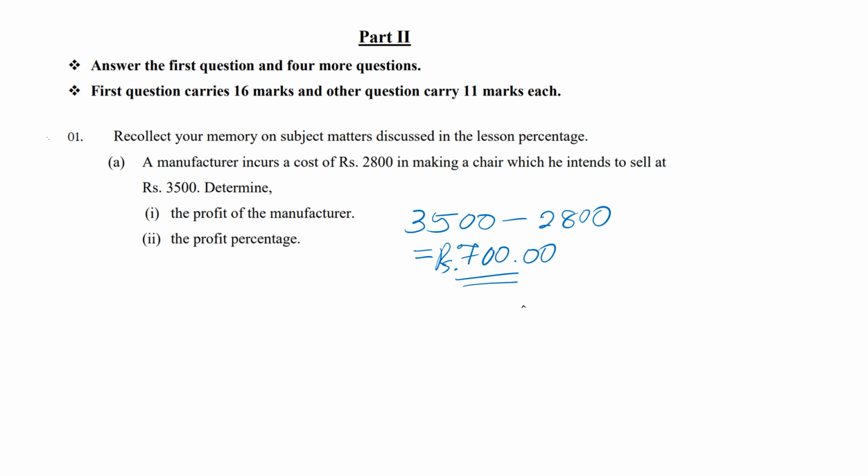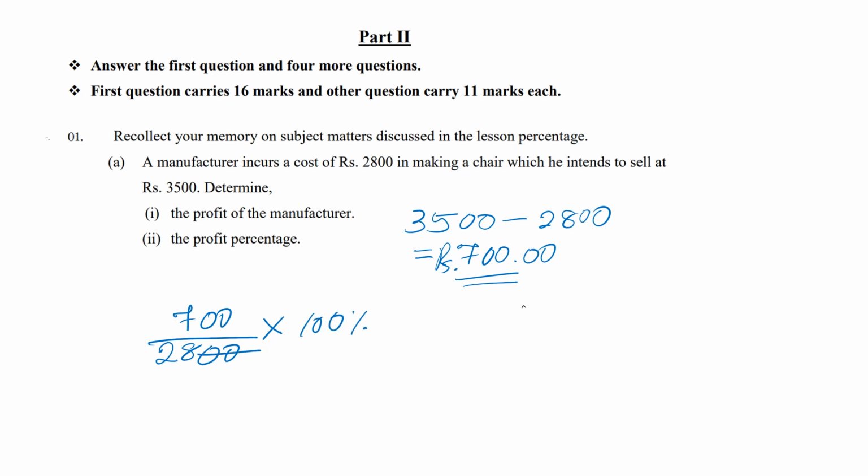So this is the profit. What is the profit percentage? That is the second part. You take the profit percentage like this. The cost is 2,800, he spends 2,800 and he earns 700 rupees out of it. So you have to multiply it by 100%.